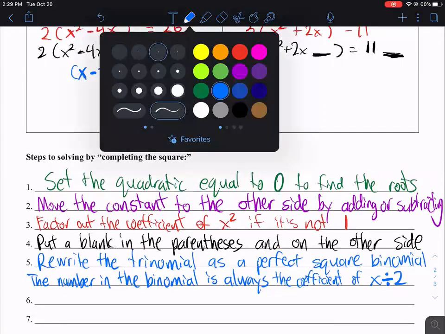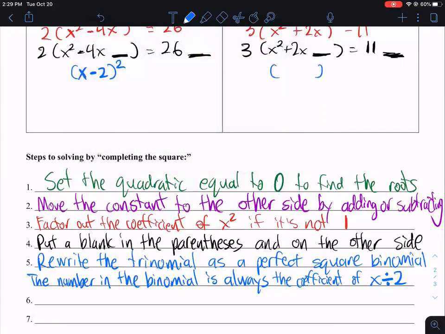Okay, so see if you can do the same thing to the other side, please. And again, those of you on Zoom, if you could let me know what you get. You're done.